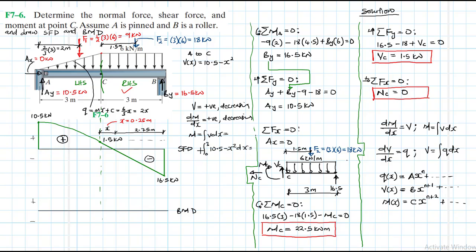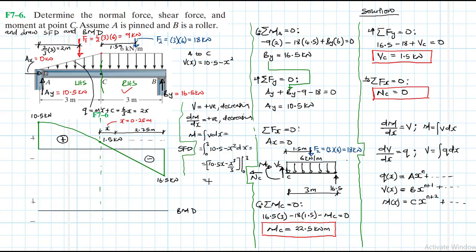This is equal to 10.5x minus x cubed divided by 3, and then we are evaluating this from 0 to 3.